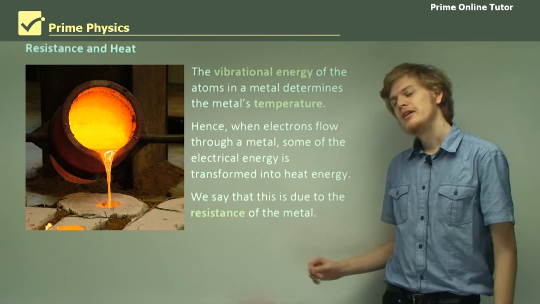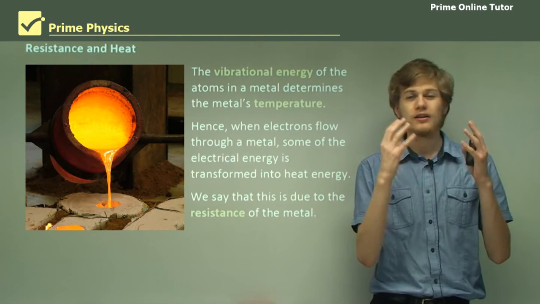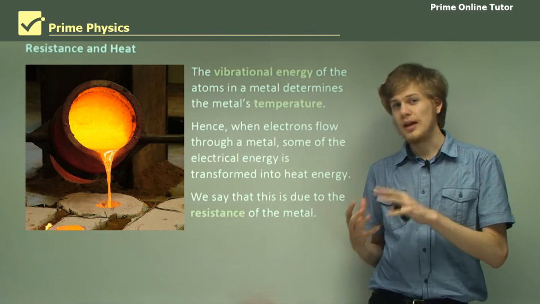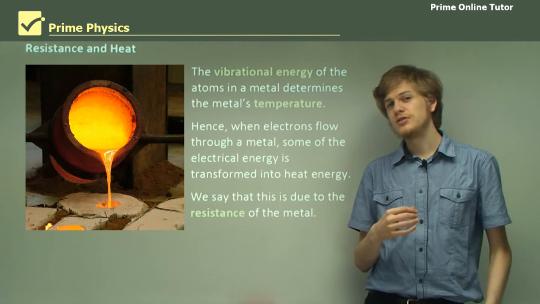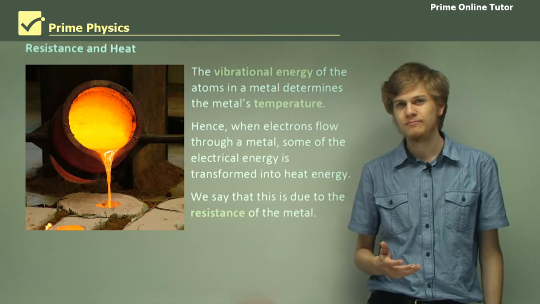So we say that the resistance of the metal has transformed the kinetic energy of the electrons into the vibrational energy of the lattice. That is, the resistance has transformed the electrical energy into heat energy.